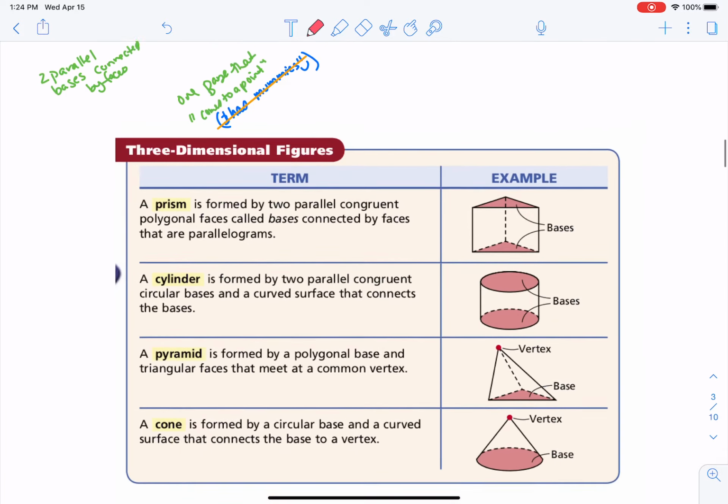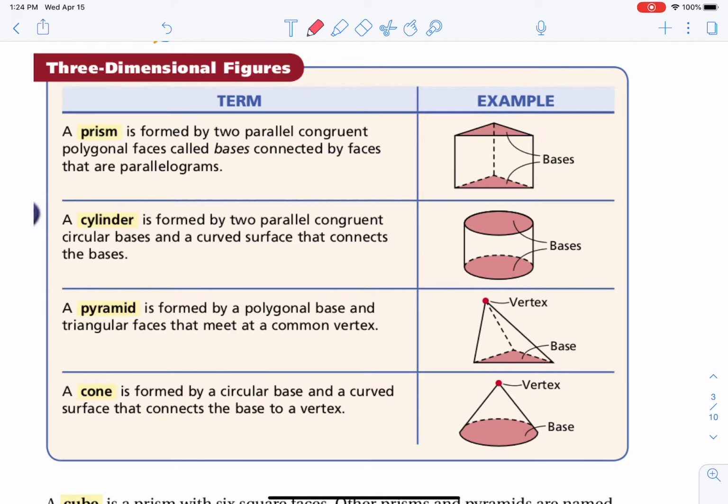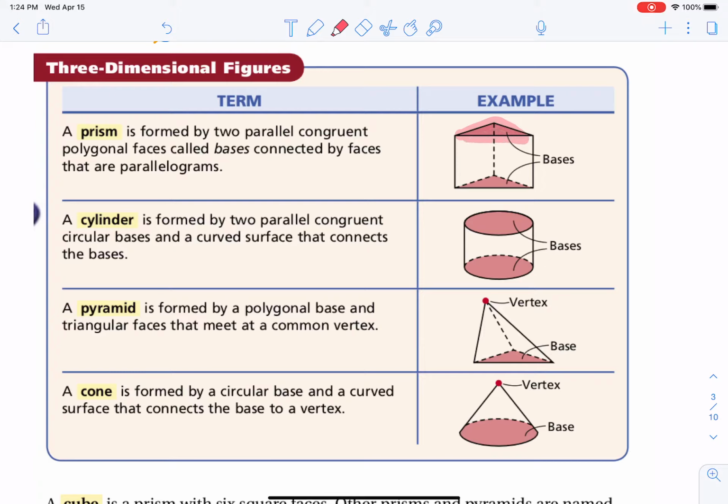I want to start actually here. These are some terms. So a prism is just taking two parallel bases. So these are the bases here. And when you connect them, you make a prism. So the things that connect them, these are called faces.